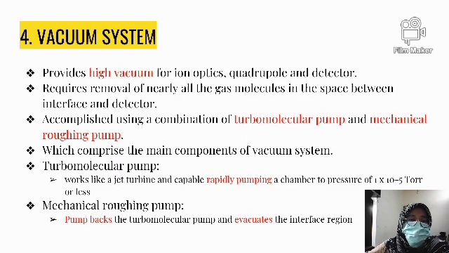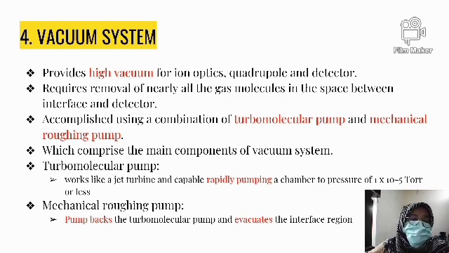Next, the vacuum system provides a high vacuum for the ion optics, quadrupole, and detector. It requires removal of nearly all the gas molecules in the space between the interface and detector. It is accomplished using a combination of a turbomolecular pump and a mechanical roughing pump, which both comprise the main components of a vacuum system.